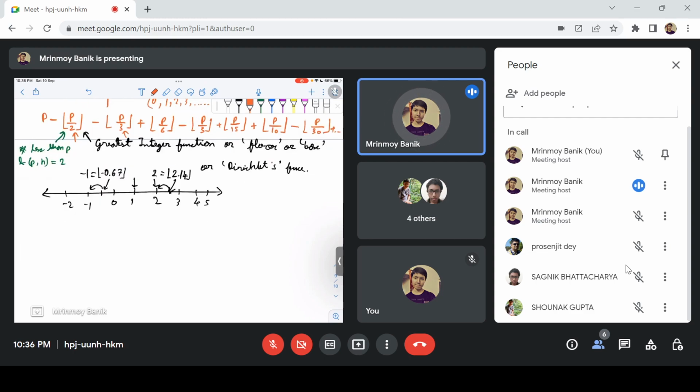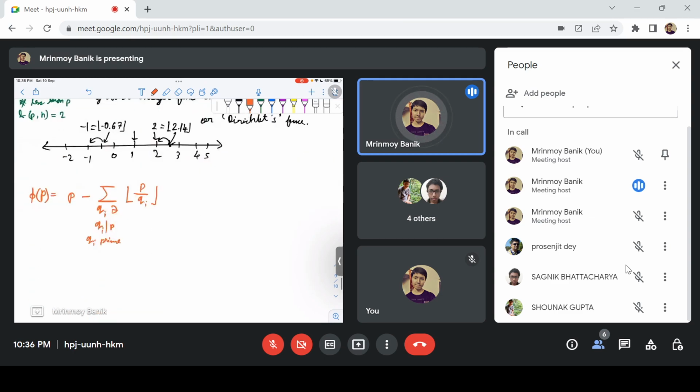So compactly we can write it as phi of p equals p minus the sum over qi such that qi divides p and qi is prime, of floor of p by qi, and so on.